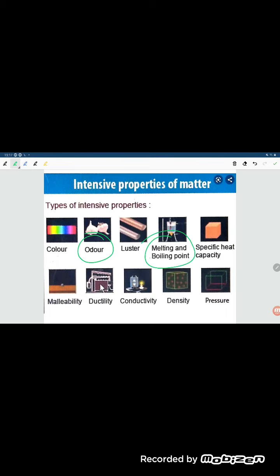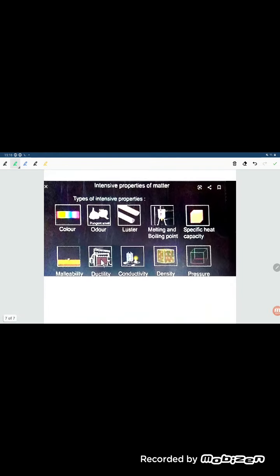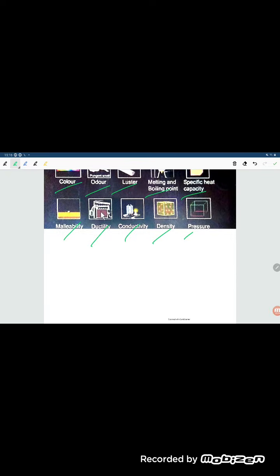Melting point, boiling point, specific heat capacity, malleability, ductility, conductivity, density, pressure, these all are intensive properties, students. Types of intensive properties: color, odor, luster, melting point, boiling point, specific heat capacity, malleability, ductility, conductivity, density, pressure. These all are intensive properties.